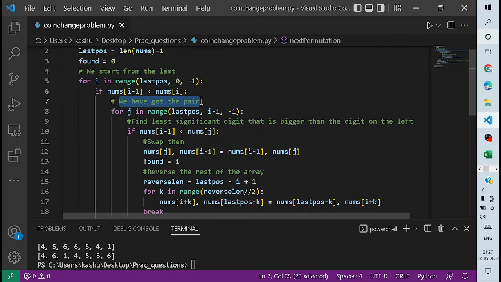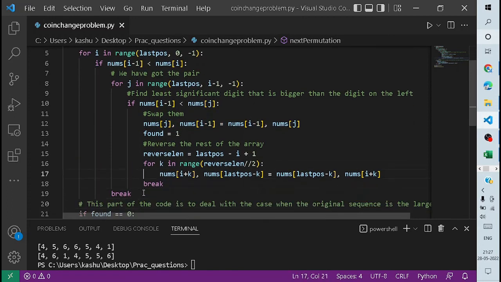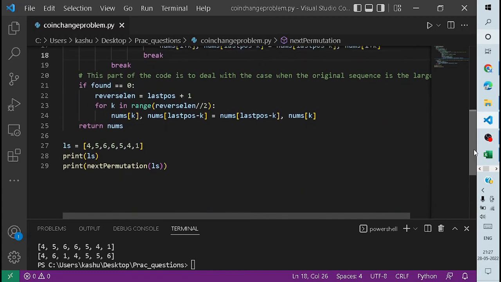Now for swapping purposes I have to find the least significant digit that is bigger than the digit on the left of the current pair. Then I will swap them, and after swapping I have to reverse the rest of the array, which I do in these particular lines. So this completes our implementation of the algorithm.